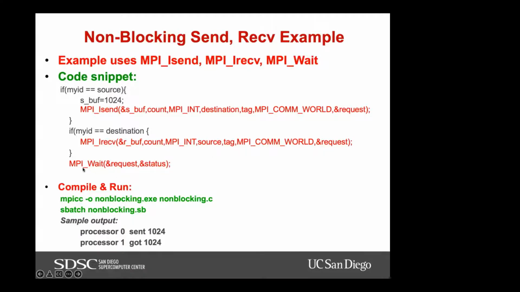And then you have an MPI wait call on this request and status. So this will only exit once the request is complete. Now this way, you can progress to the next step easily, and the wait ensures that you don't reuse any of the variables before the send and receive is complete, right?